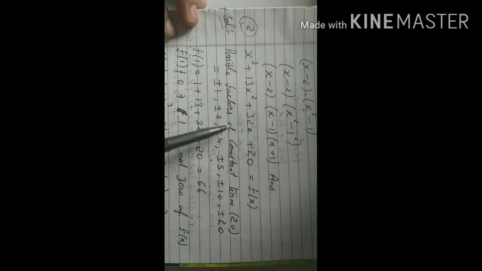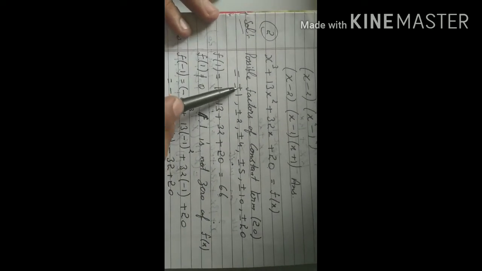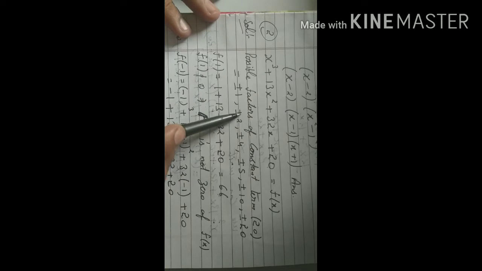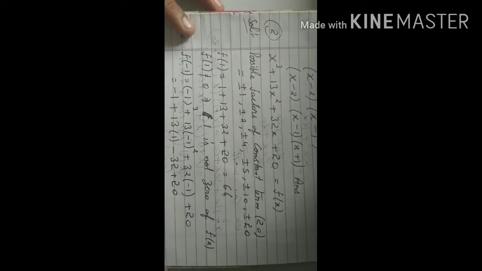Clear? So we find the factors of the constant term. The factors of 20 are plus minus 1, plus minus 2, plus minus 4, plus minus 5, plus minus 10 and plus minus 20.